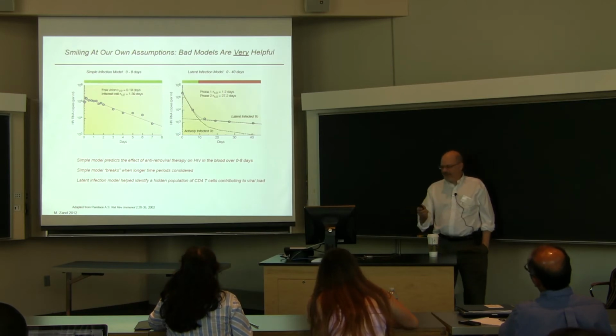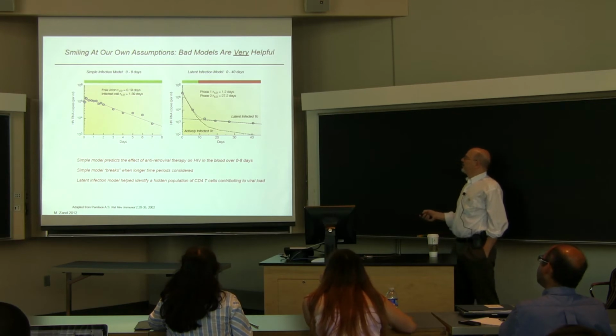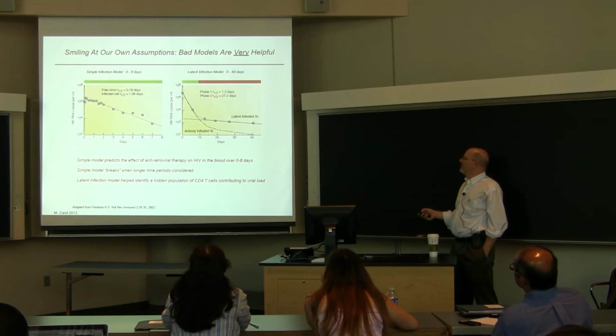Okay, so how can that very simple model have been useful? Well, this is actually the model fitted to actual data of free virions, infected T cells for HIV. So the model actually fits the data relatively well over the course of 8 days. But if you go longer than 8 days, the model breaks.